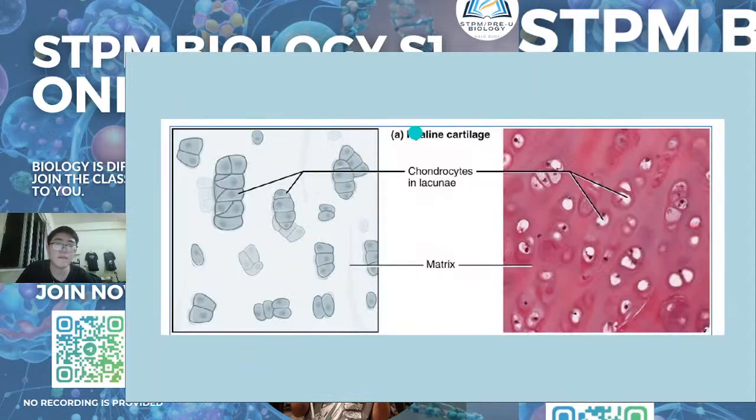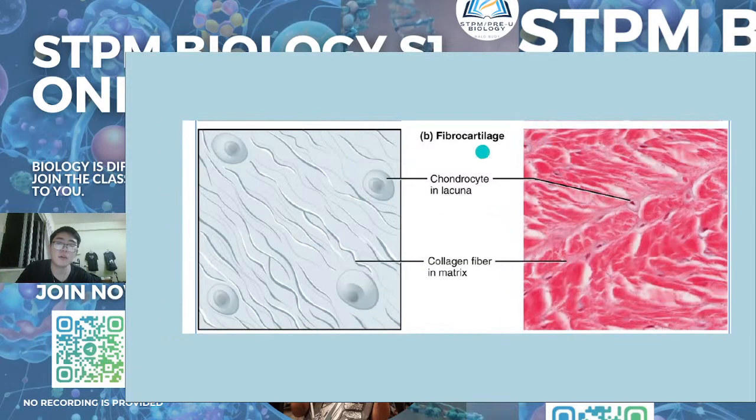So you see here the chondrocytes are located bound to each other, and then they are bound loosely. Dia tak compact punya. So compared to the fibrocartilage, fibrocartilage means that dia ada collagen fiber in the matrix.